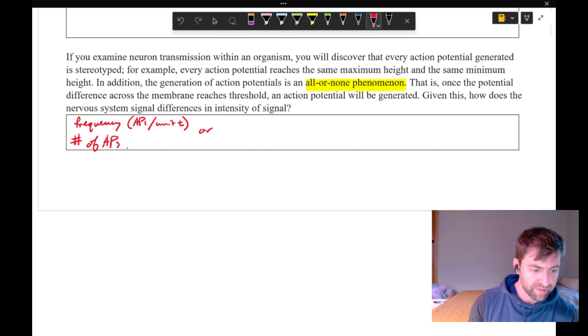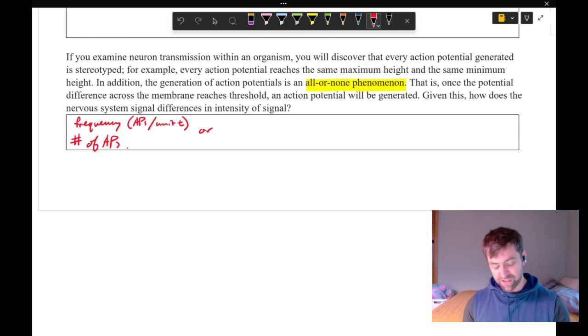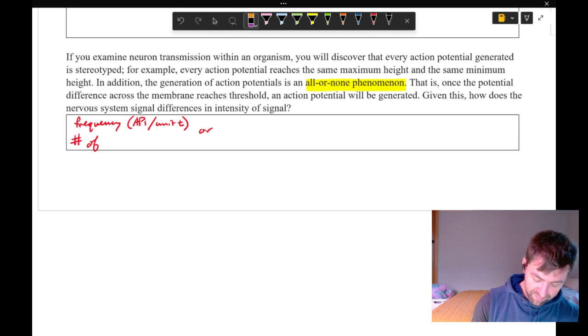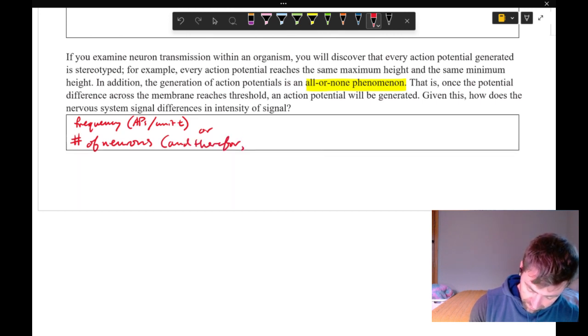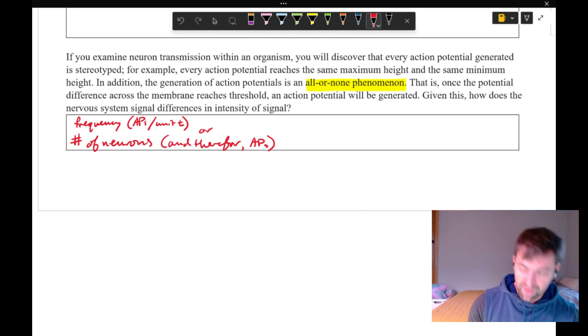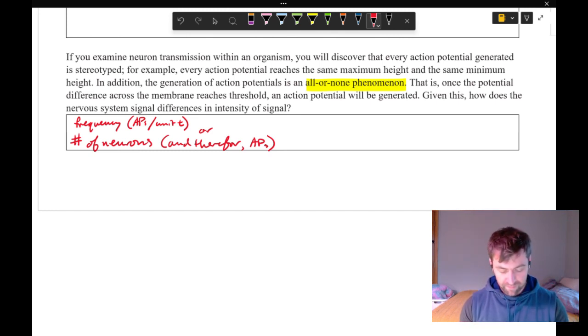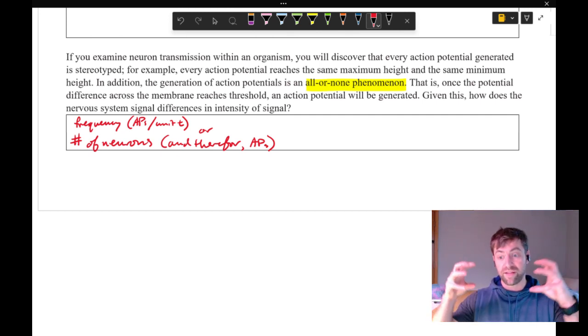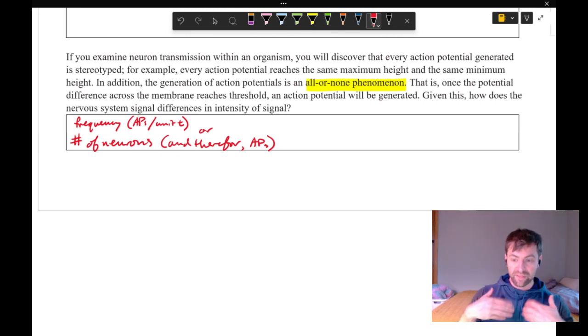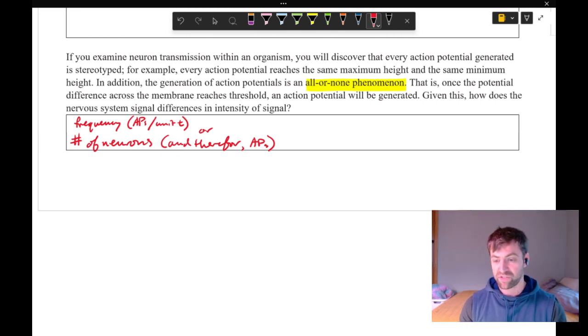Total number of neurons firing per unit time. Yeah, actually, okay. This number of neurons, and therefore number of action potentials. That distinction is kind of important. If I simply said the number of action potentials, that's kind of the same as saying the frequency per unit time, but the number of neurons, each with its own action potential, increases the number of neuron action potentials per unit time. Okay. Frequency along a single neuron, number of neurons.